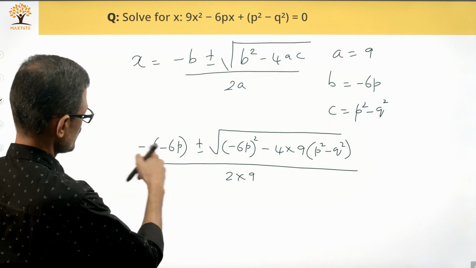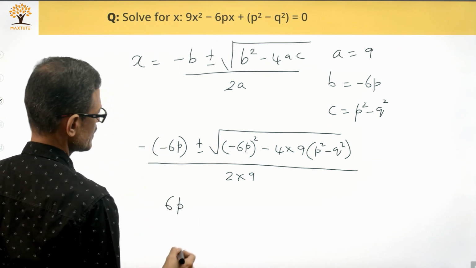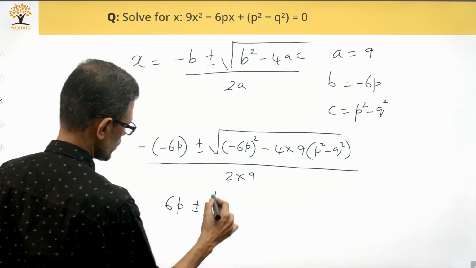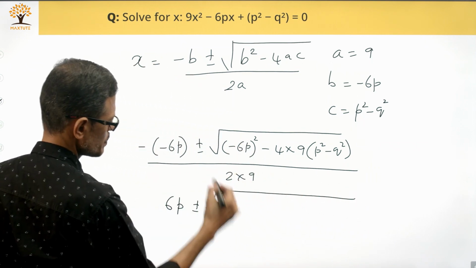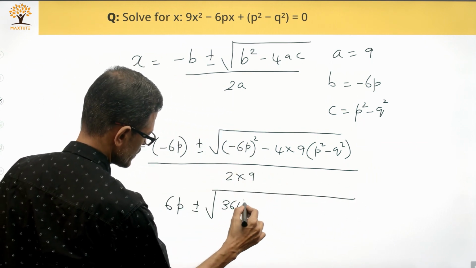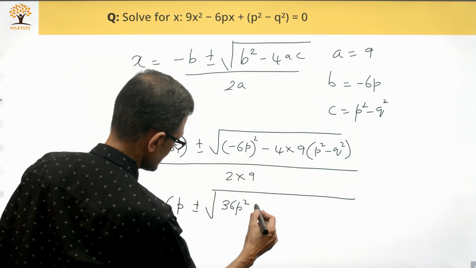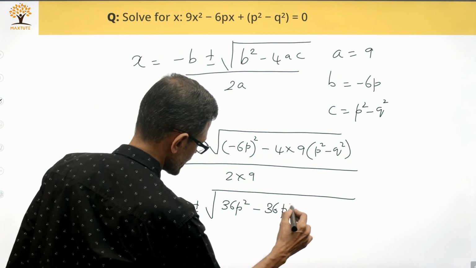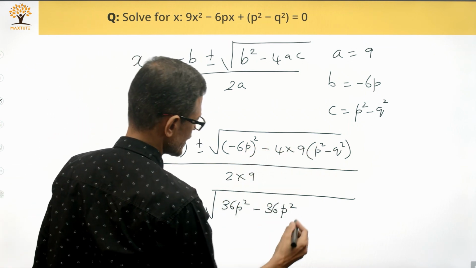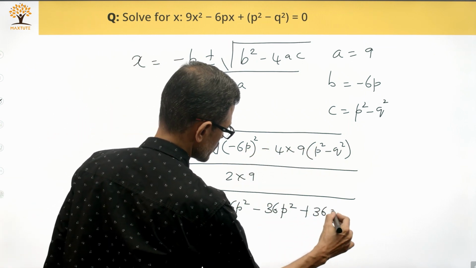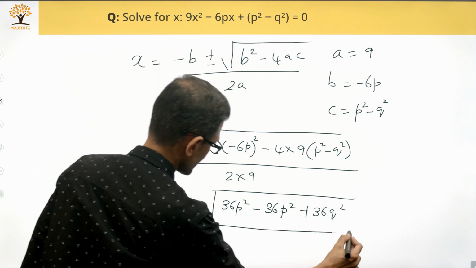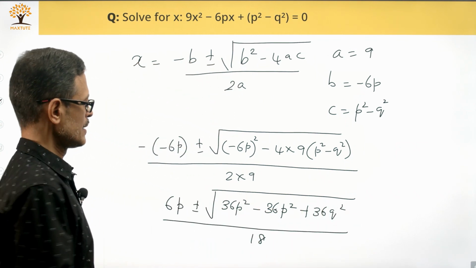So this minus of minus 6p will make it plus 6p, plus or minus square root of minus 6p the whole square is 36p square. Minus 4 into 9 is a minus 36 into p square is a minus 36p square. Minus of minus will make it plus. So plus 36q square divided by 18 is what we have.